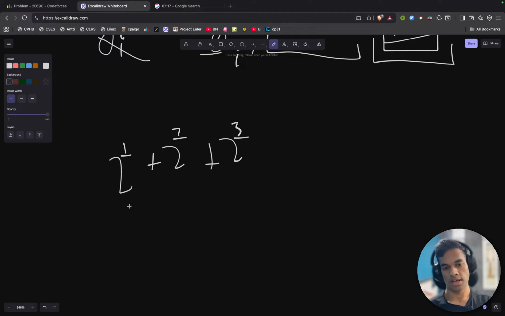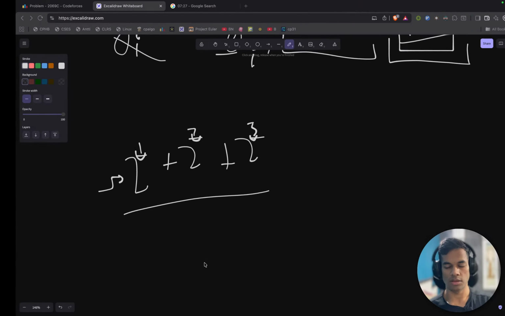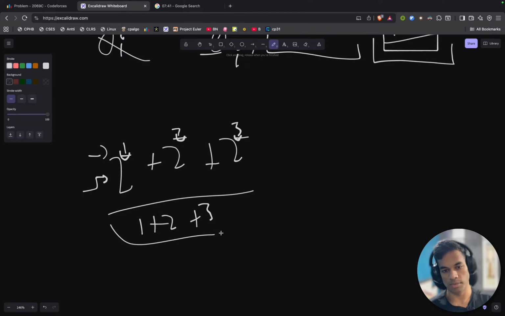Yes, this is what we want. So can we figure this out in one go if we just have these values? I think there should be some way, because we cannot just add these values up, say 1 plus 2 plus 3, and do something with this number, because that does not make sense.